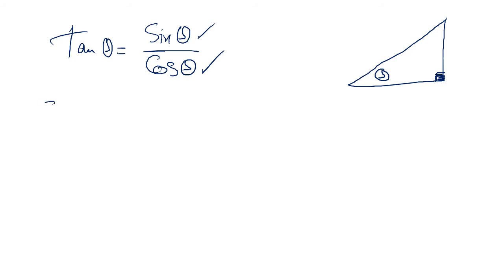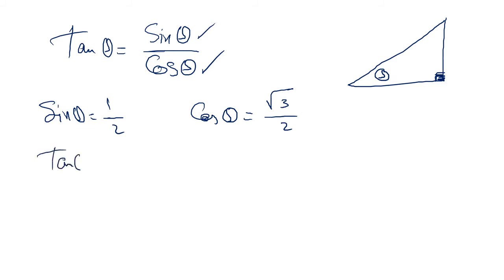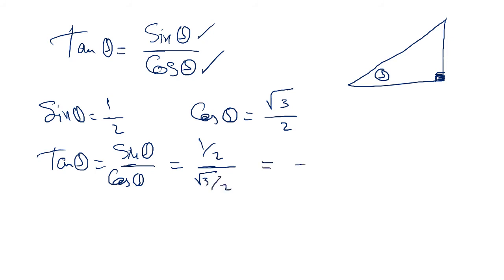If sine theta is equal to half and cosine theta is equal to root 3 over 2, the value of tan theta is equal to sine theta over cosine theta. So it's equal to 1 over 2 divided by root 3 over 2, which is equal to 1 over root 3.